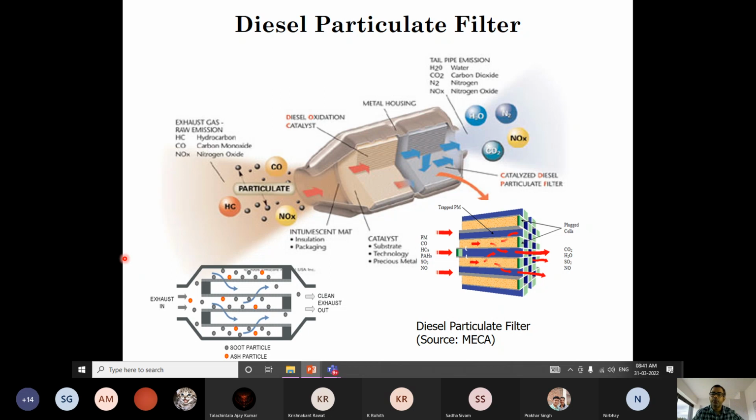So the diesel particulate filter, as its name suggests, is mainly used for diesel engines, because particulate is one of the biggest problems in diesel engines due to the heterogeneity of the combustion.